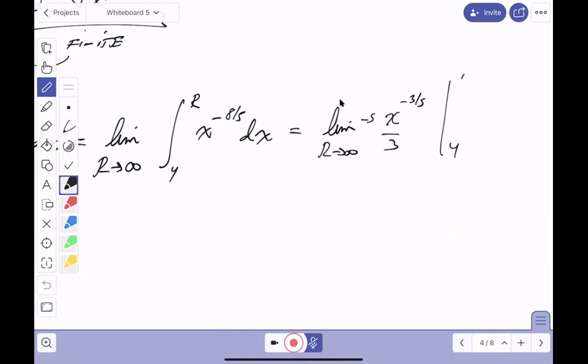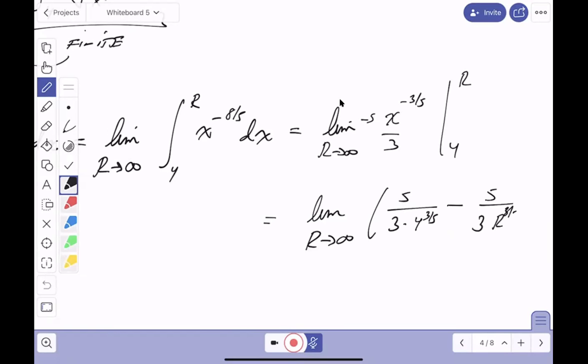That's going to be 4 to r. Again, I got to do the limit now. And again, by practice, I get better. I hope you get better, but anyway. So it's going to be 5 thirds, and that's going to be 4 to the 3/5, minus 5 thirds r to the 3/5.